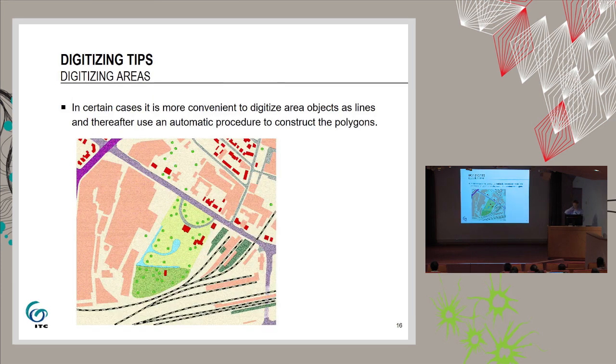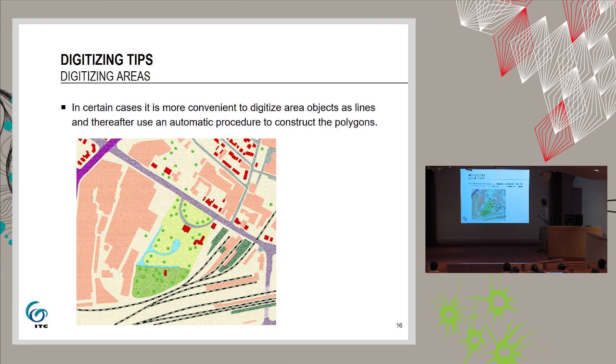Then if you start digitizing areas to obtain polygons, sometimes it's rather complex to digitize these polygons one by one. Especially when you have complex polygons which are adjacent to each other and they are very large, then it might be easier to digitize area objects as lines. And afterwards you can construct the polygons. And that's what I show here. This is quite complex.